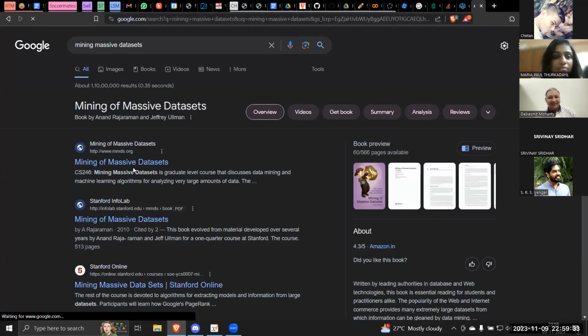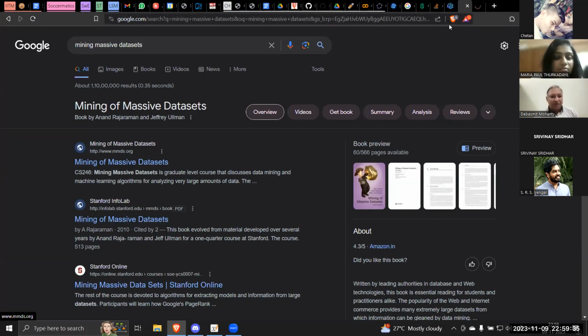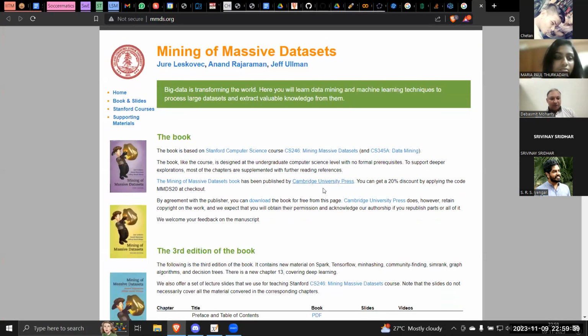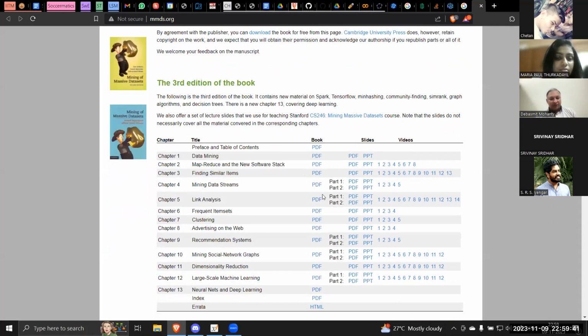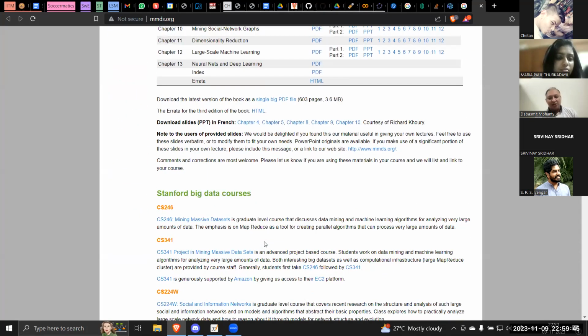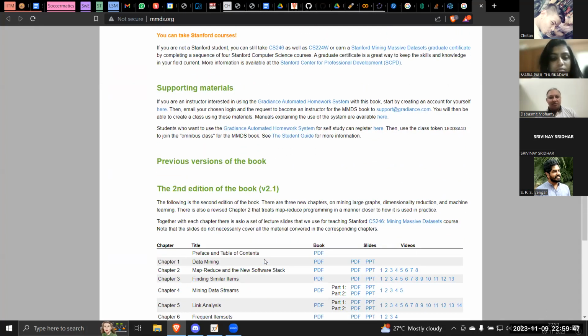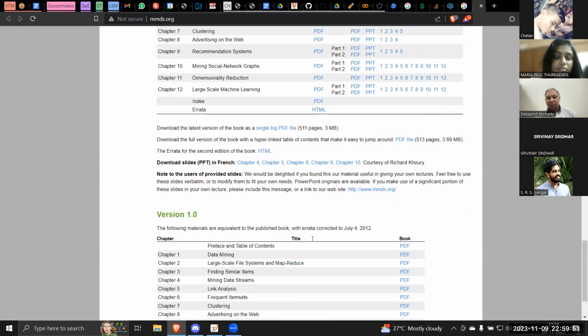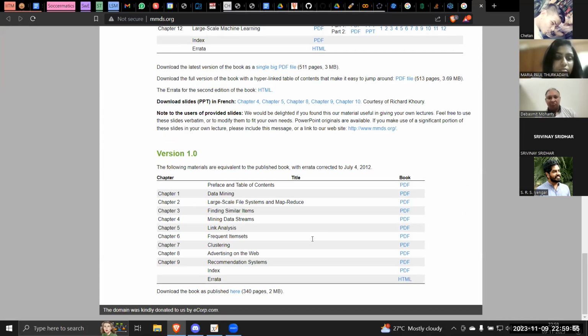Oh, is it? I mean, they have a website also. These guys are all from Stanford. Ullman is from Stanford. Yeah, Jure Leskovec, Anand Rajaraman, and Ullman. Correct. So this book is a good read, although it doesn't give a lot of intuition, but it's easier to read than, let's say, a paper.